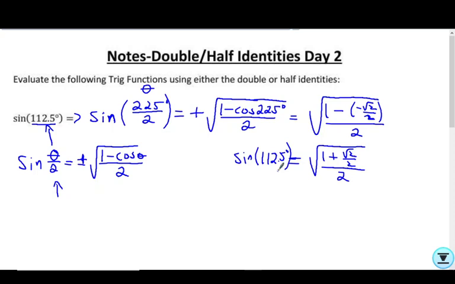Now, the second one, the tangent of 7 pi over 12. Okay? So we're going to be using either the double or the half identity. So in this case, which one do we want to use?